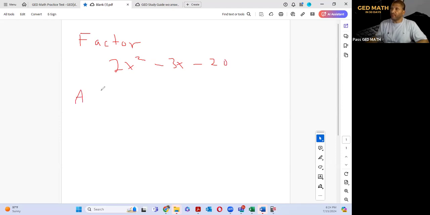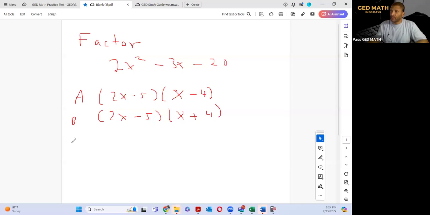And you have A, which is 2x minus 5 times x minus 4. B would be 2x minus 5 times x plus 4. C would be 2x plus 5 times x plus 4. And D would be 2x plus 5 times x minus 4.